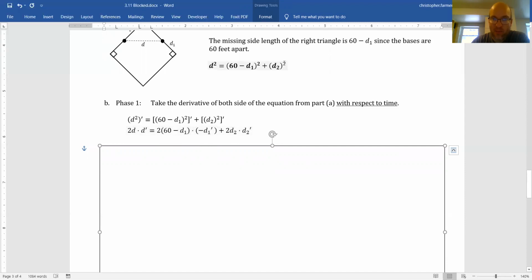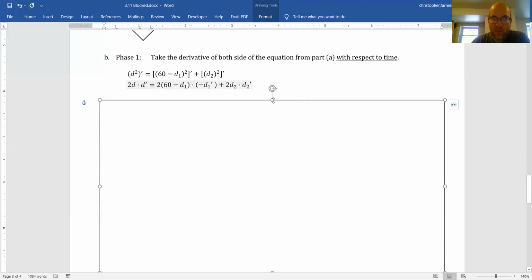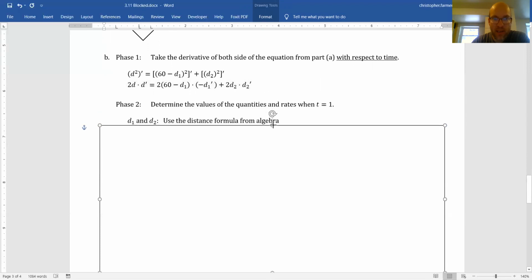And then again, the derivative of the square function gives you the 2d2, multiplied times the derivative of that second distance. And so again, just be very careful with your chain rule. Anytime you have exponents on any of the expressions you're taking the derivatives with respect to, you're going to get both the original variable along with the derivative of that variable. Okay, so now it's just a matter of figuring out what values to plug in here.